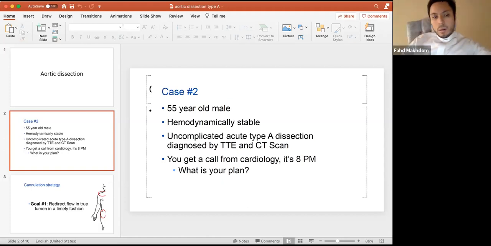No, so I think all that you've said, guys, is correct. So you just have to organize your thoughts now. This scenario is not common, obviously, but it's a very difficult scenario. Obviously the patient is very sick, with very high mortality and morbidity risk with both options. However, as a cardiac surgeon, you're going to be responsible to make those decisions, whether to take the patient to the OR or not.